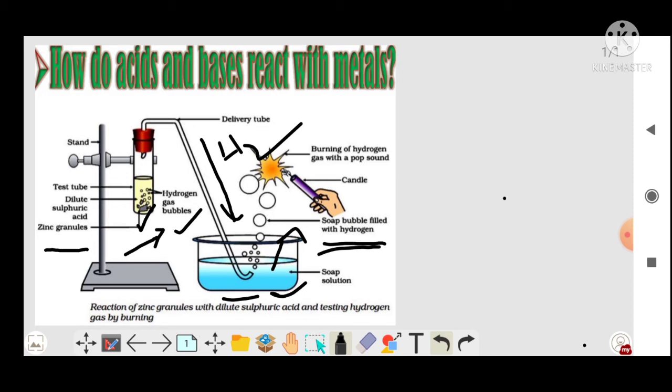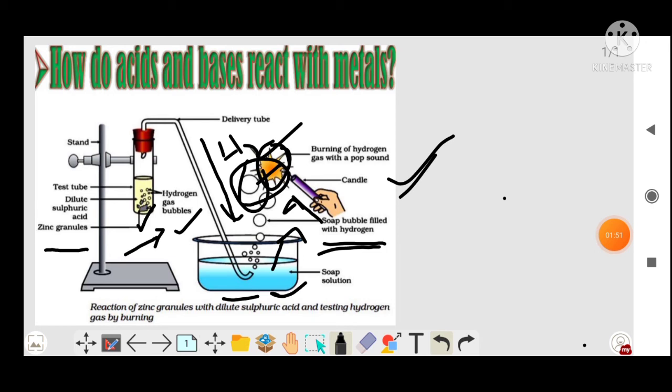Now a burning candle is held to the gas bubbles, and the hydrogen gas burns with a pop sound. This is the test: the hydrogen bubble burns with a pop sound.